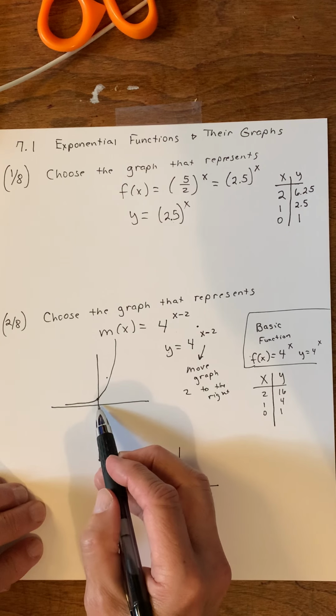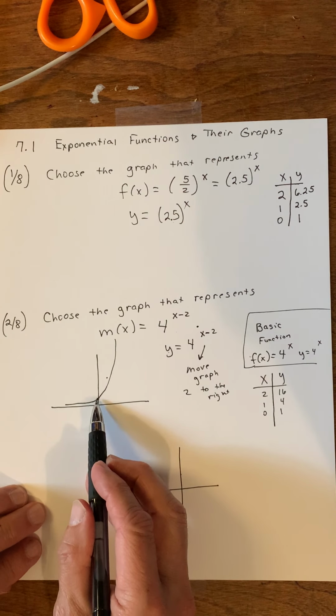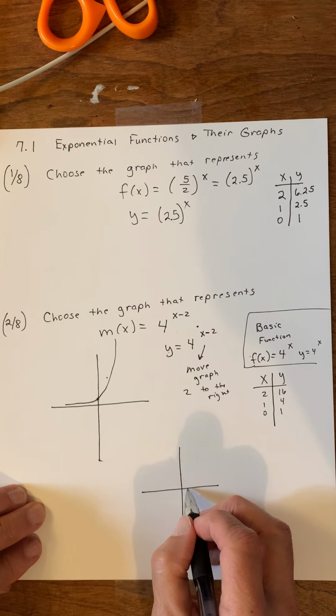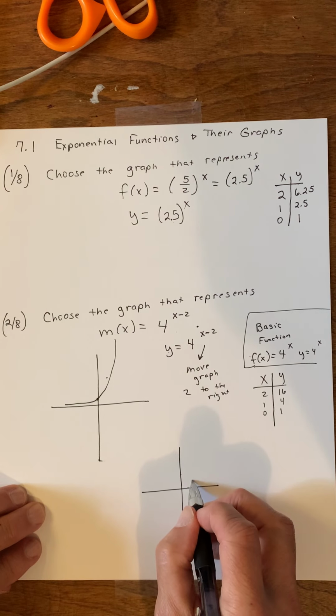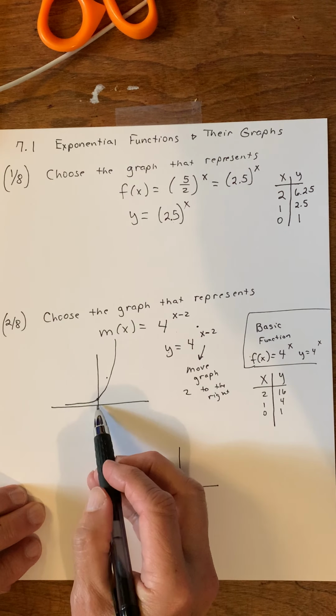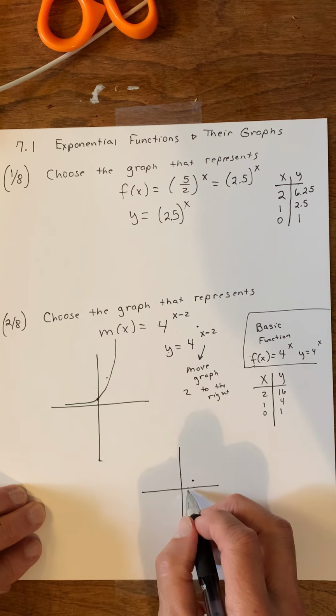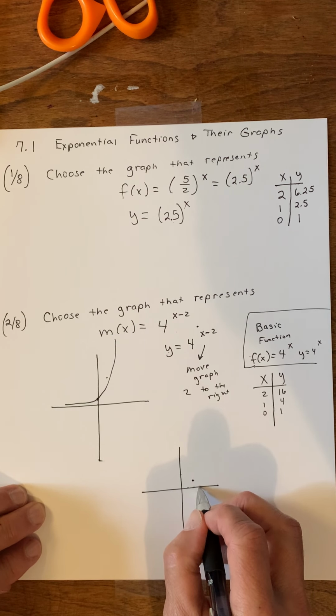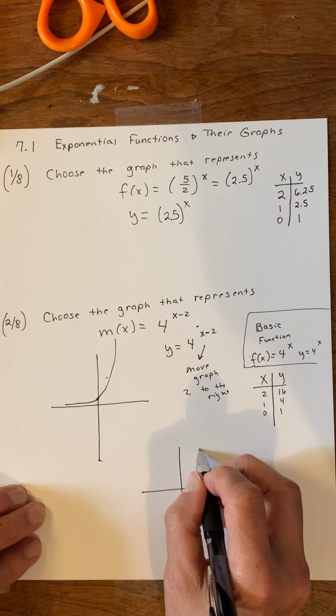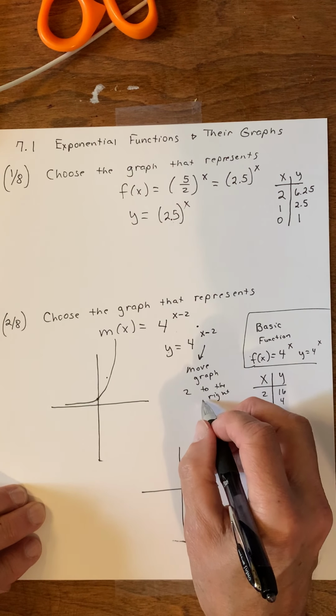So instead of having the point (0, 1), I've got the point (2, 1). Instead of having the point (1, 4), I have the point (3, 4). And (4, 16).